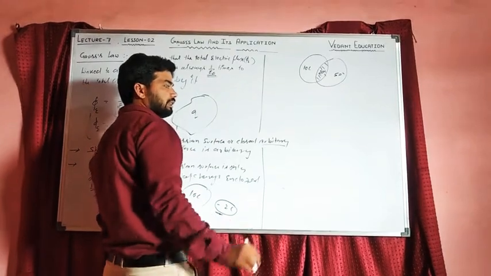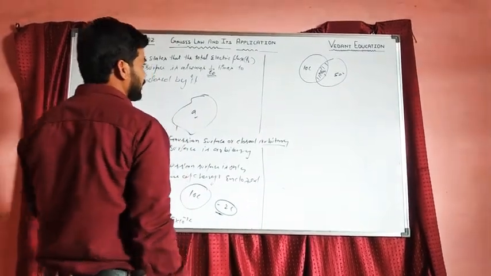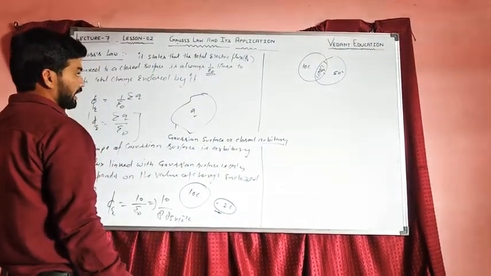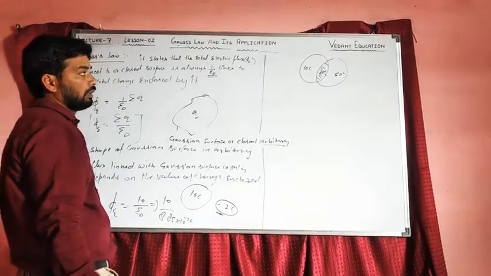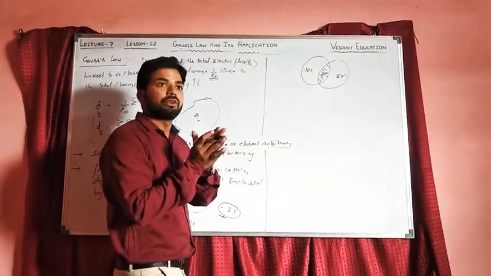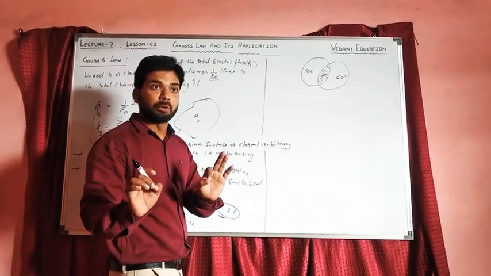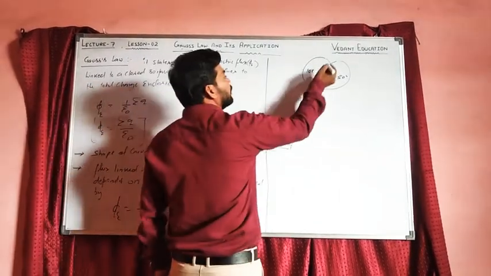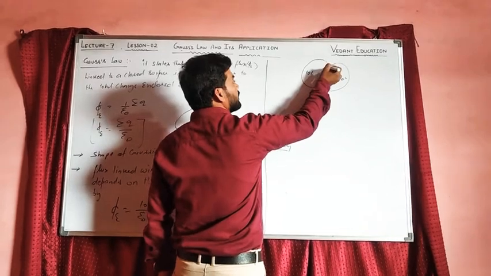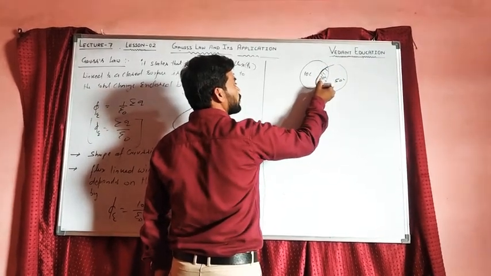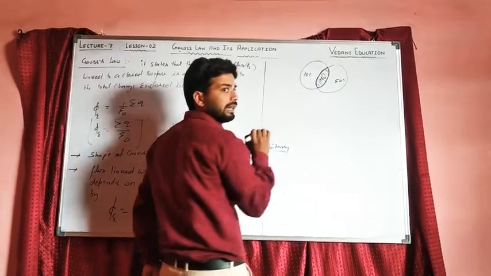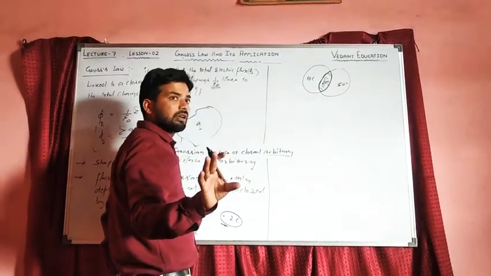The question says, find out the value of electric flux linked with the shaded portion only. You can see here the shaded portion is closed, right? So you can apply Gauss's theorem.